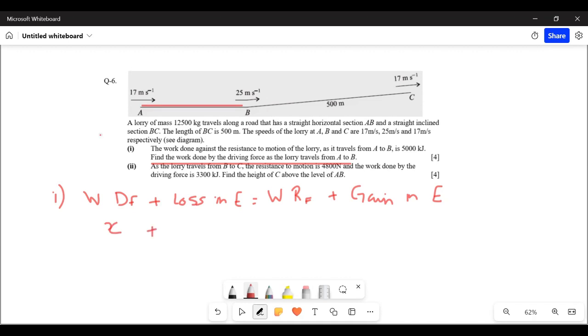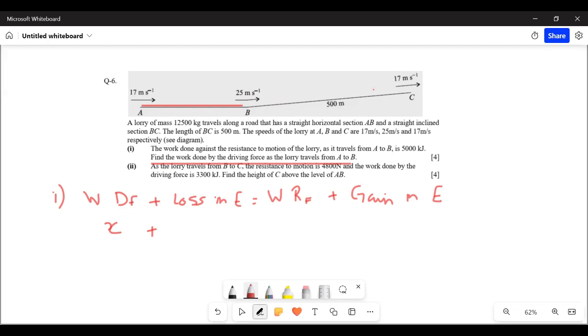Plus loss in energy. So which energy is the system losing as it goes from A to B? Is it losing kinetic energy? Is it losing potential energy? As it goes from A to B, the height stays the same. That means there's no change in potential energy.